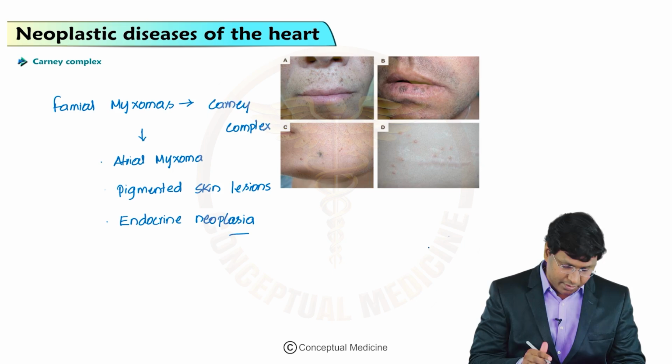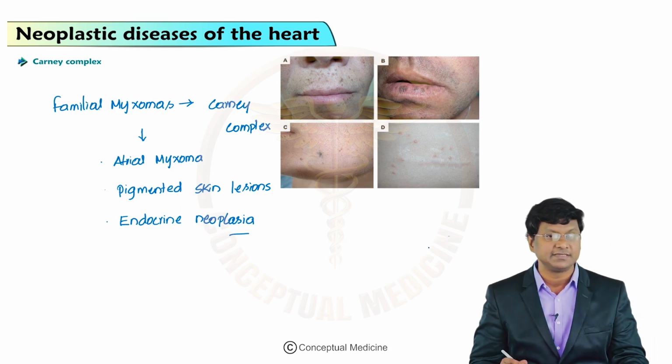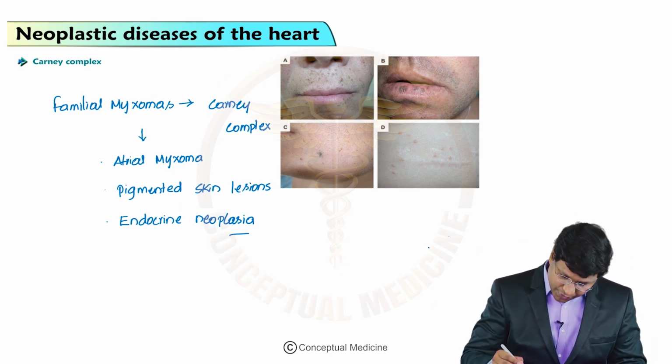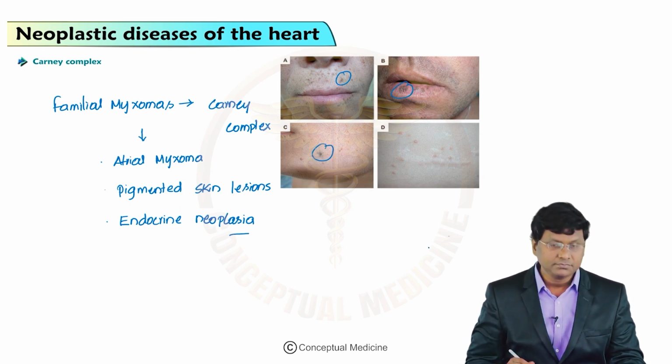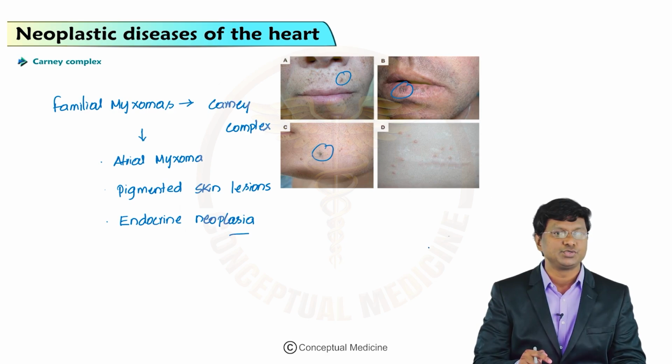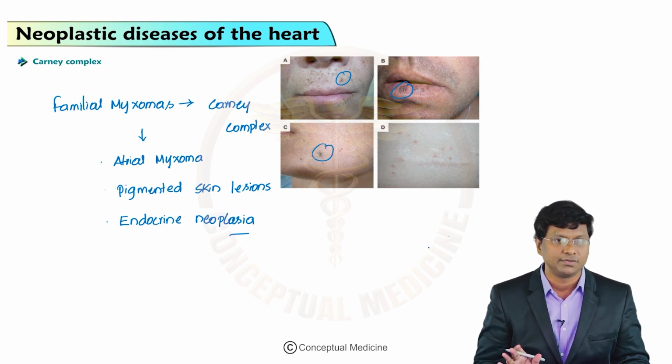So these are the components of familial myxoma, which is nothing but the Carney complex. You can observe here the presence of pigmentation, atrial myxoma, and endocrine neoplasia. These constitute the Carney complex.